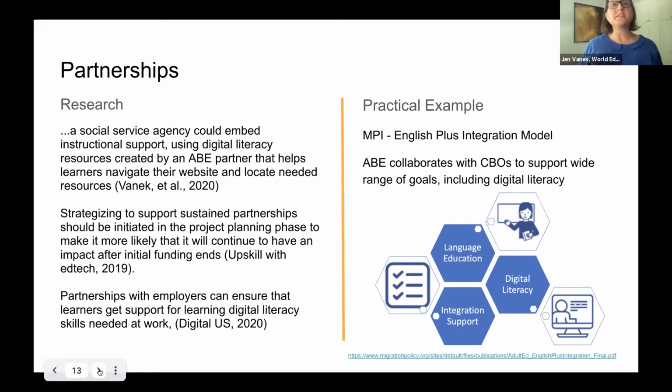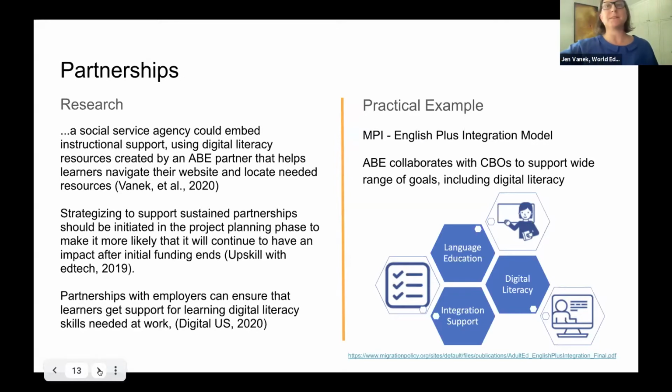So stakeholders from all of these organizations might come together in order to identify their shared pool of participants, and the CBOs can leverage the expertise of the English language instructors, and they can also leverage the expertise in the digital literacy area to make sure that as immigrants and refugees are settling into new communities, they have comprehensive integration support that helps them with education, digital access, and language education.